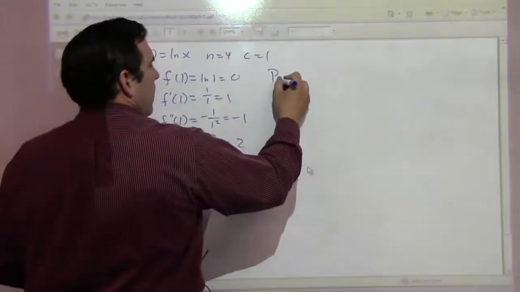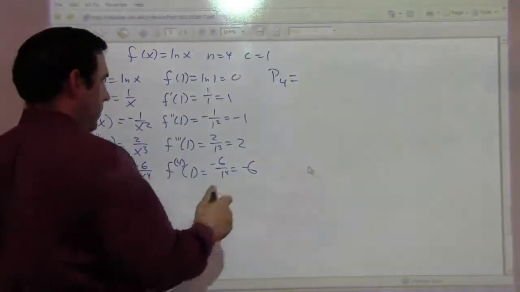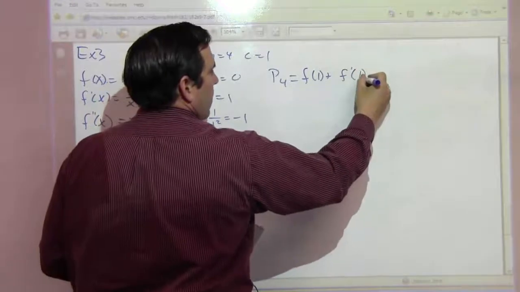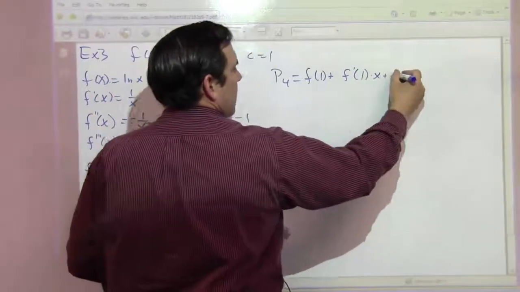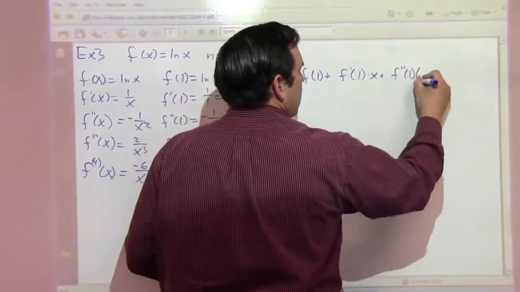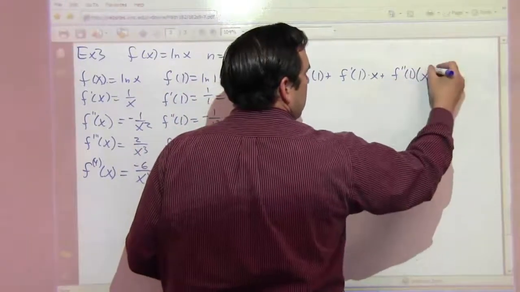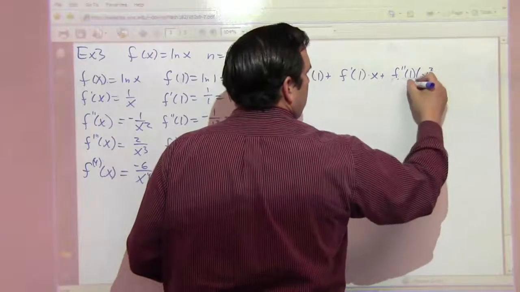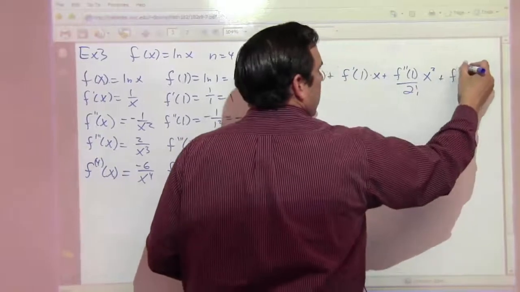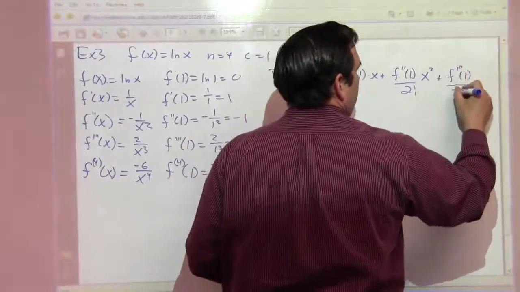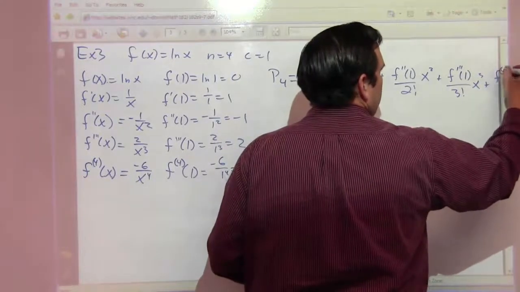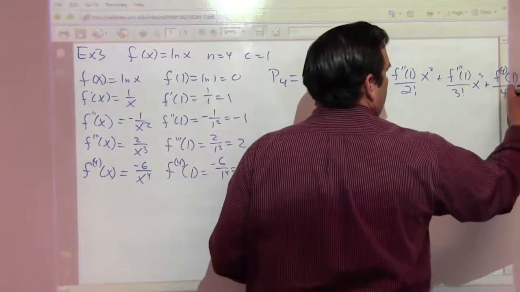Our P4 is going to be our f of 1 plus f prime of 1 times x plus f double prime of 1 times x squared over 2 factorial, plus f triple prime of 1 over 3 factorial times x cubed, plus the fourth derivative of f at 1 over 4 factorial times x to the fourth.